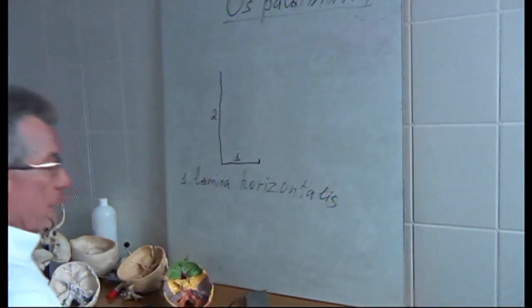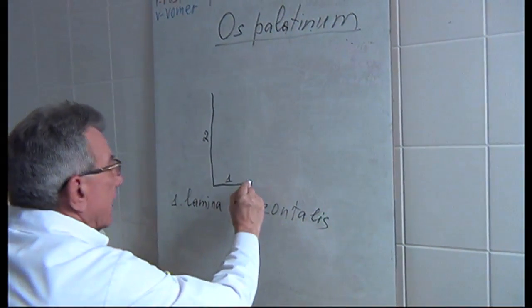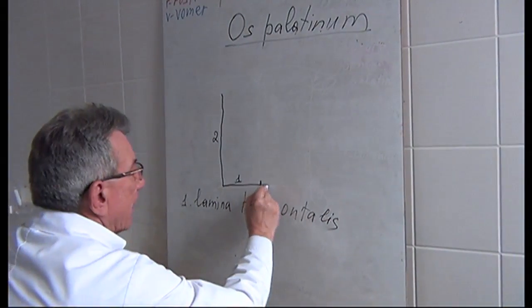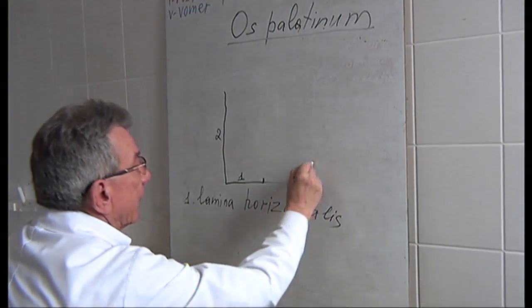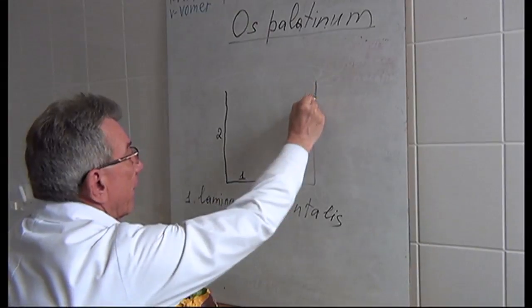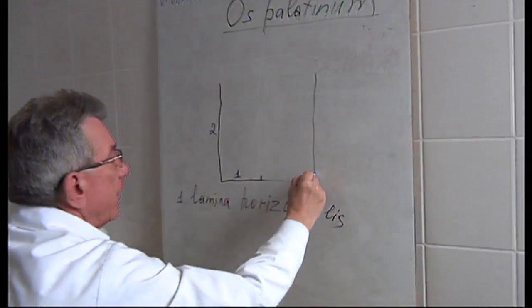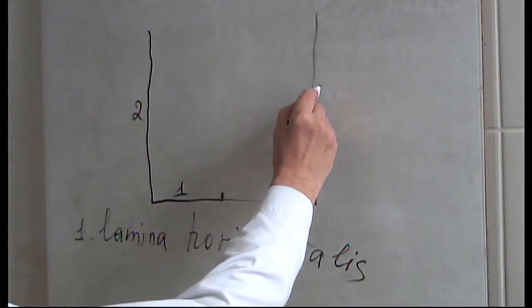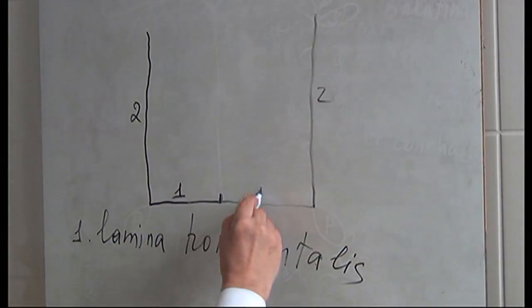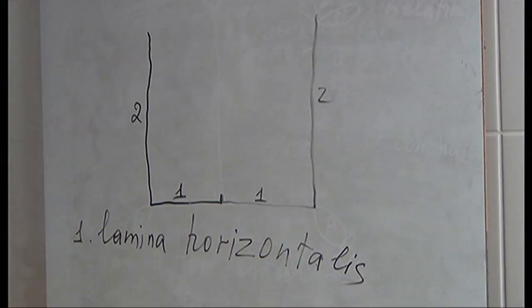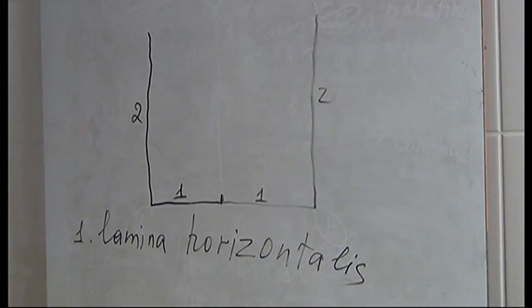So let me draw the symmetrical right part. Here it is. Number 1, lamina horizontalis.